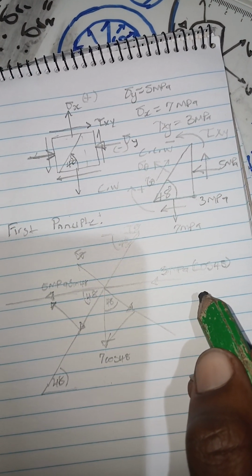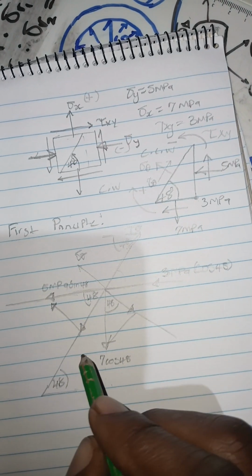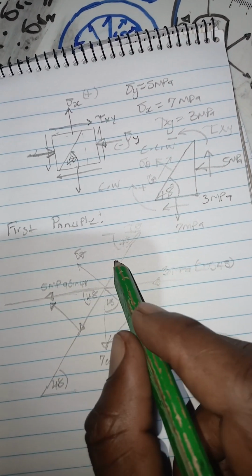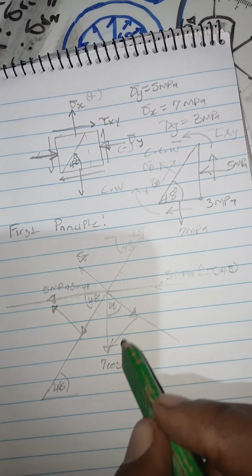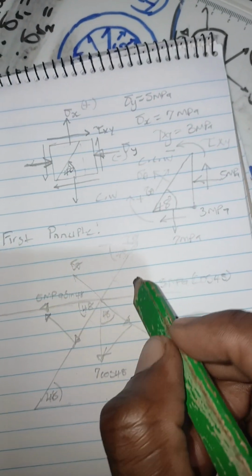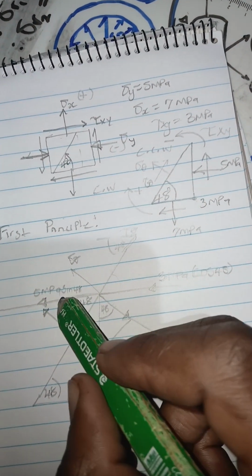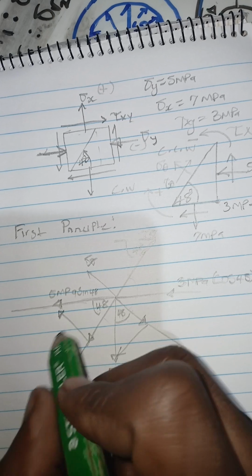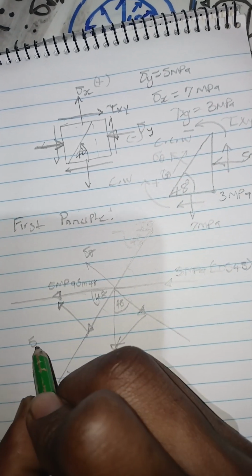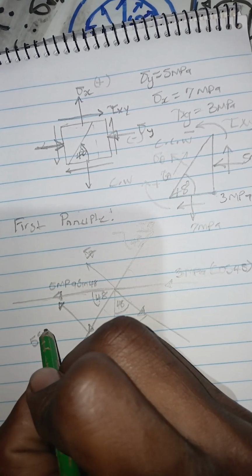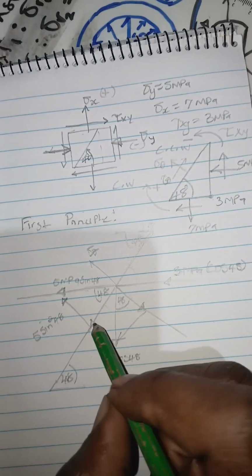Remember that it has to be 90 degrees. Therefore, for it to be 90, we need to find that small angle in between to complete it. So we know that it's going to be 48 again to make it 90 degrees. Now we need to find what the side is. The 48 is the other side.